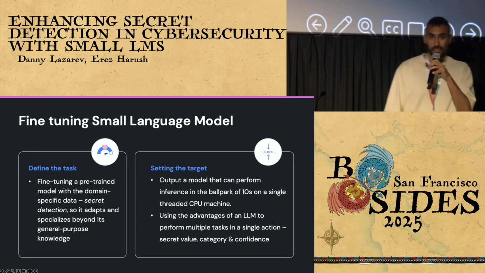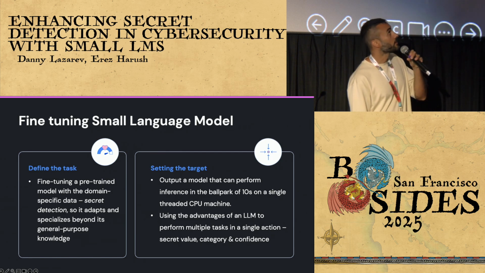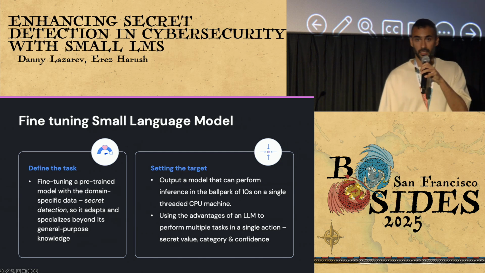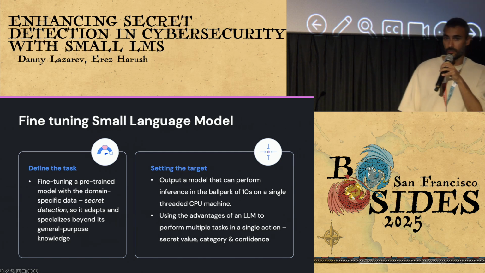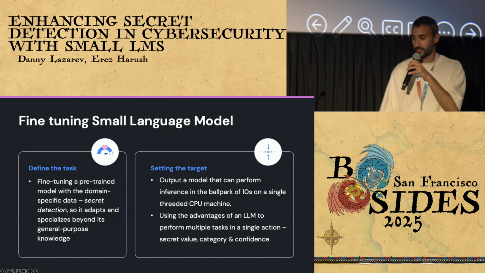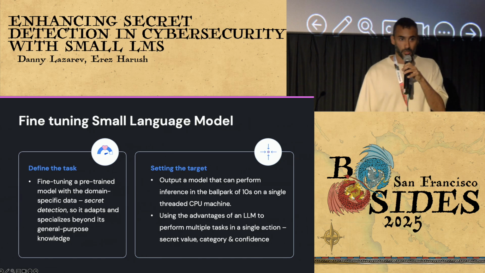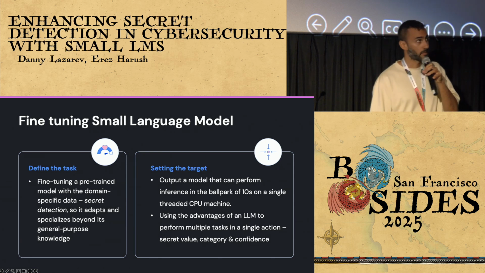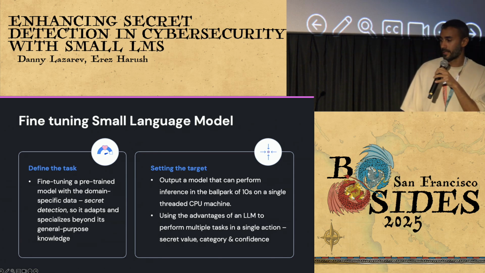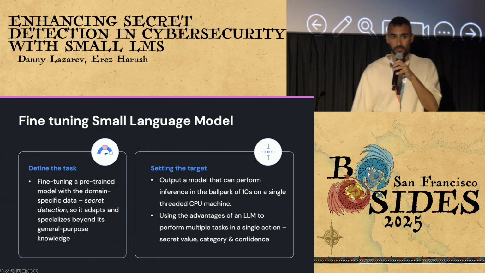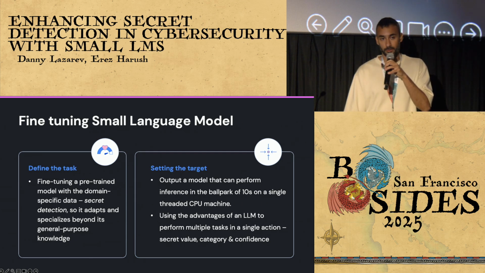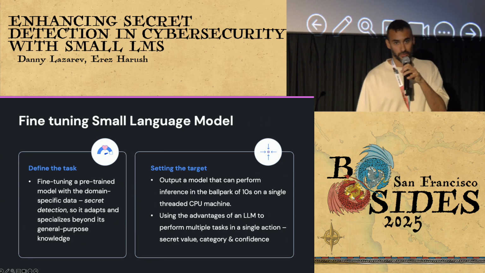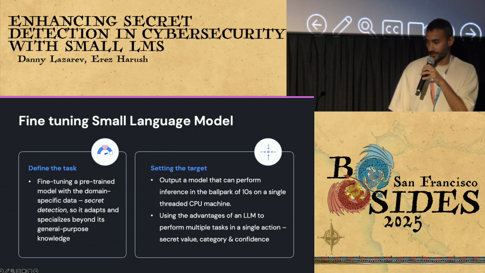So let's deep dive and answer those questions. Defining the task is pretty easy. We want to take a language model and fine-tune it to our specific task of detecting secrets. It means that the model will not necessarily be good in general knowledge, but will be amazing at secret detection. We also need to set a target. Our target was to be able to process a code file in less than 10 seconds on a single-thread CPU machine.